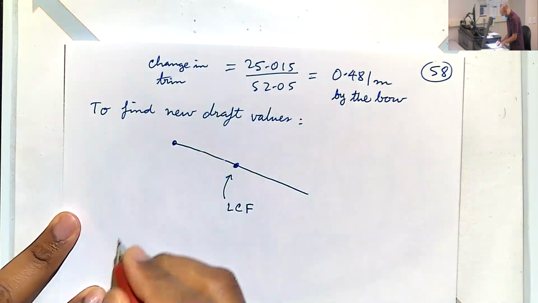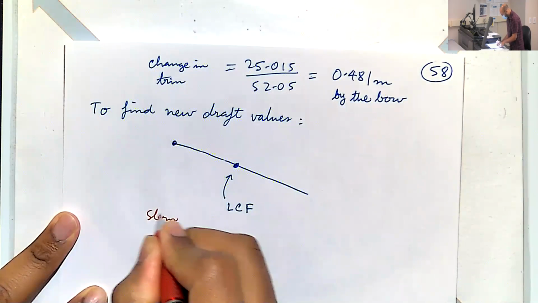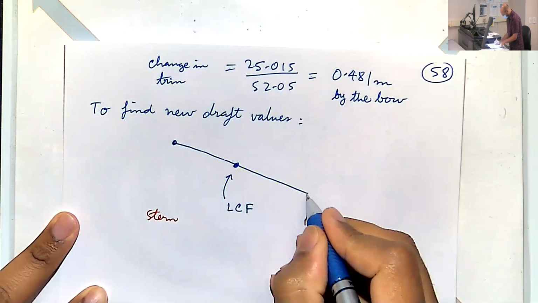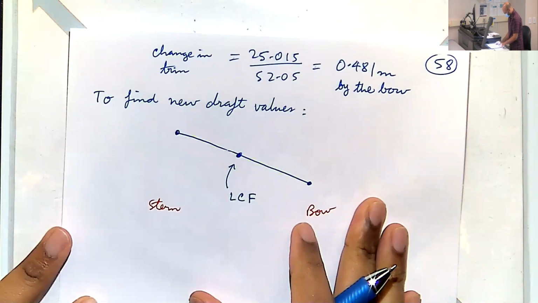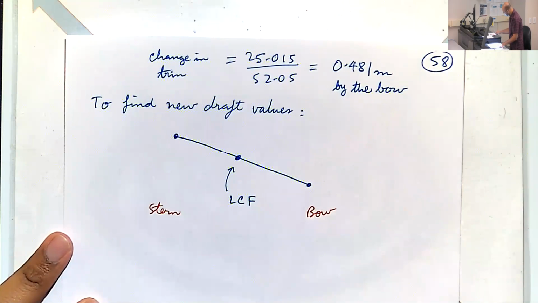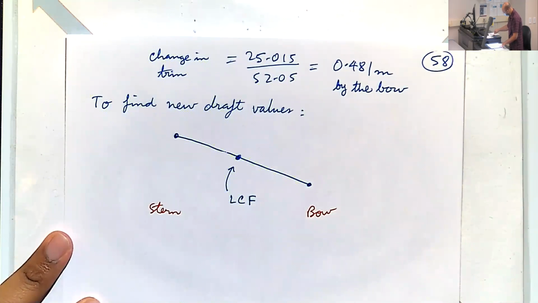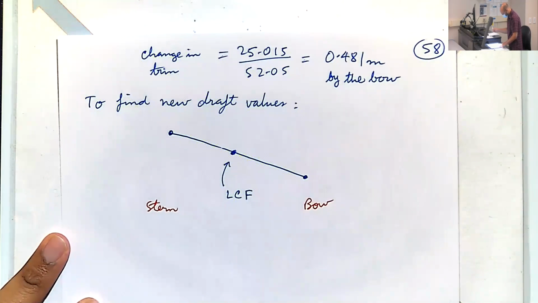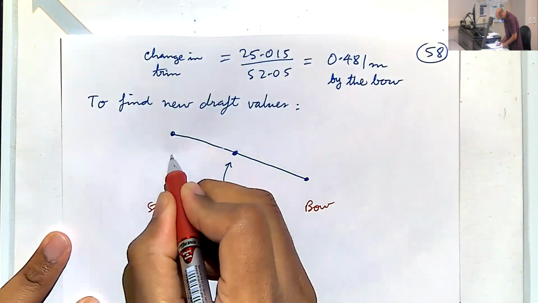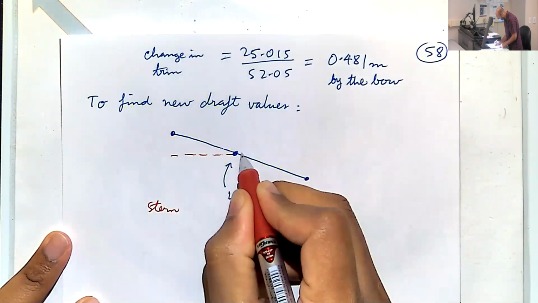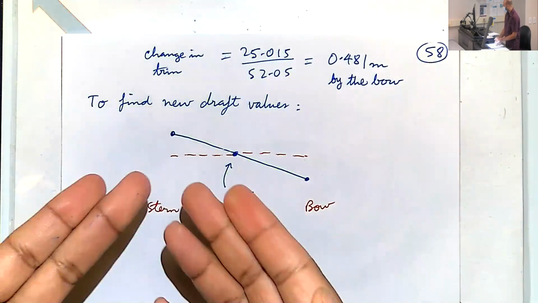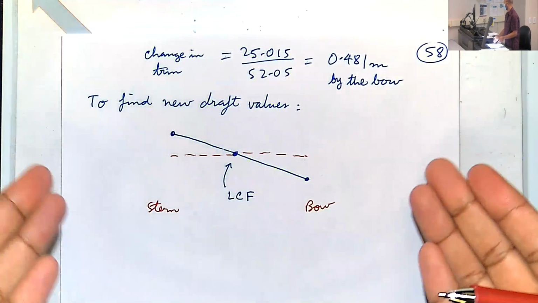So here we have the stern, and we have the bow here. So the dashed line is what the initial water line would have looked like.